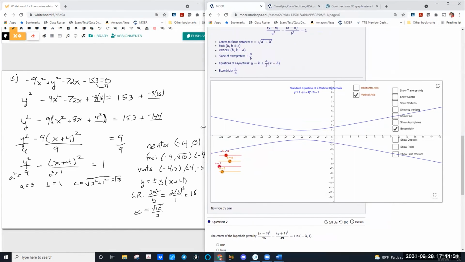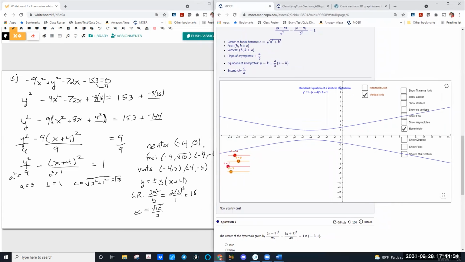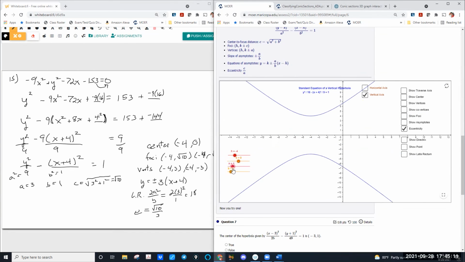Okay, that's okay. But here's what I want you to notice. With a being 3, we get root 10 over 3. Now watch what happens as I increase. Oh, I have these backwards, don't I?